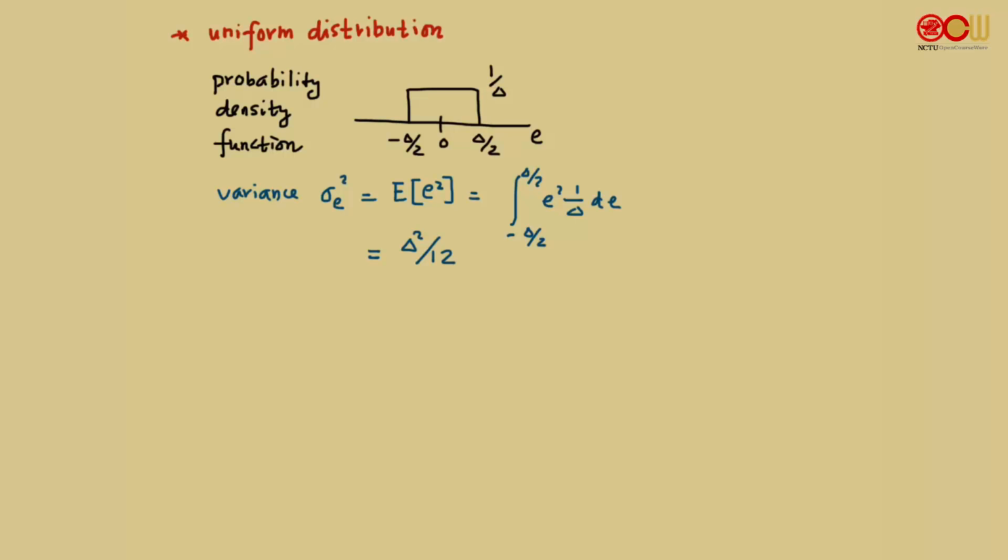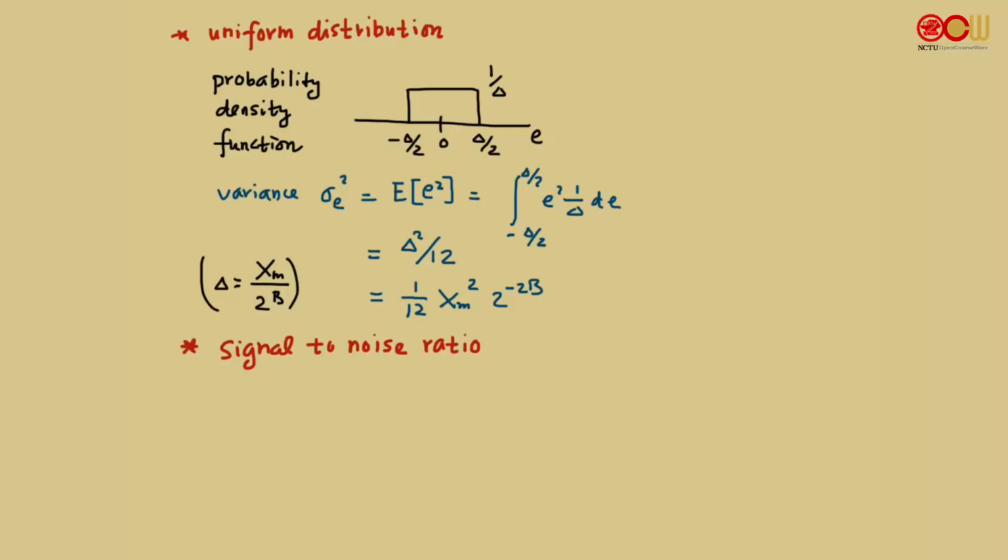And remember from the previous discussion, delta is equal to xm over 2 to the b, right? So if we plug in this relation, what we get is 1 over 12 xm squared and 2 to the minus 2b. Now that we have the variance of the quantization error, the noise variance, we can compute the signal to noise ratio, SNR.